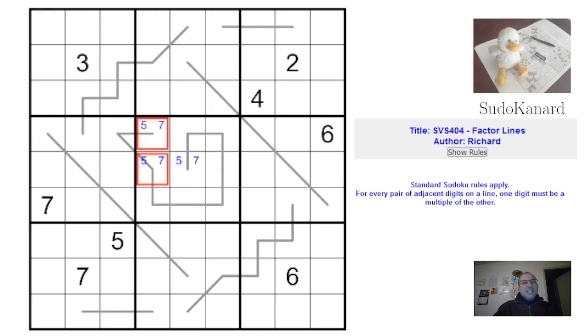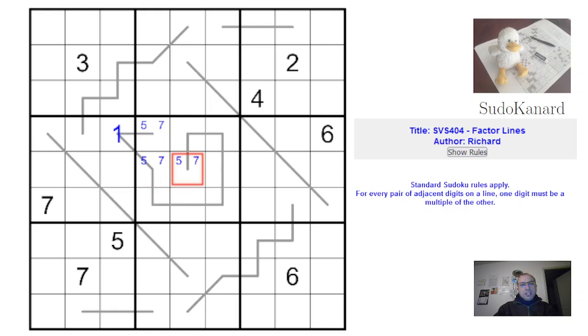And then what's interesting is that at least one of them here is a 5 or a 7, and the neighbor here is not a 5 or a 7, so the neighbor here can only be a 1. And now, which one is here? Are they both here, or is one of them here?